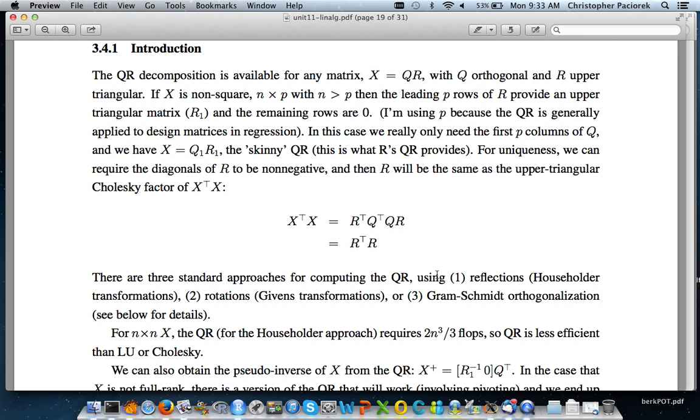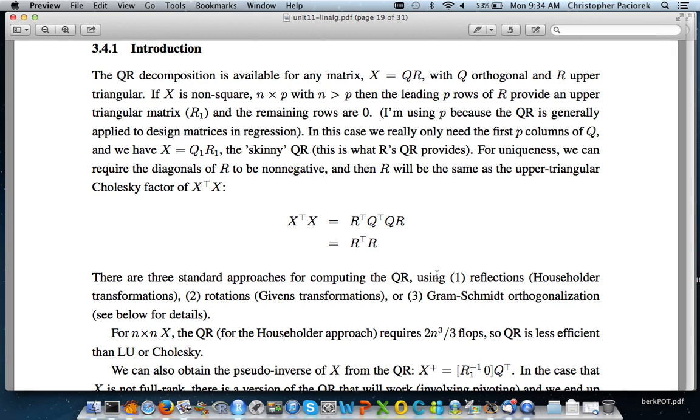Okay, so why is it useful to come up with this? Well, one is that if we look at X transpose X, and think about the fact that that's going to come up in regression a lot, well, that's just transposing QR, which gives us R transpose Q transpose.